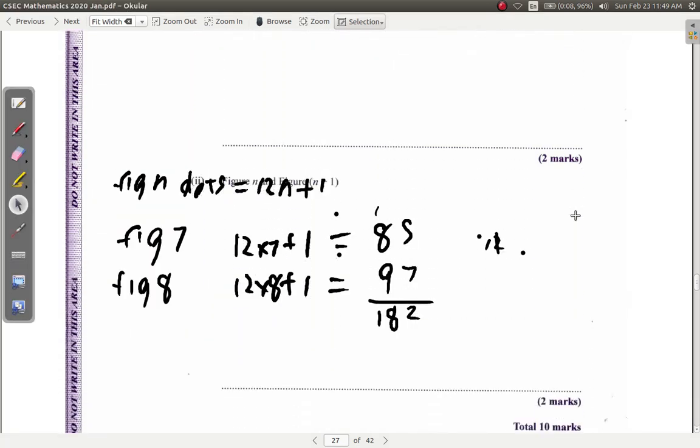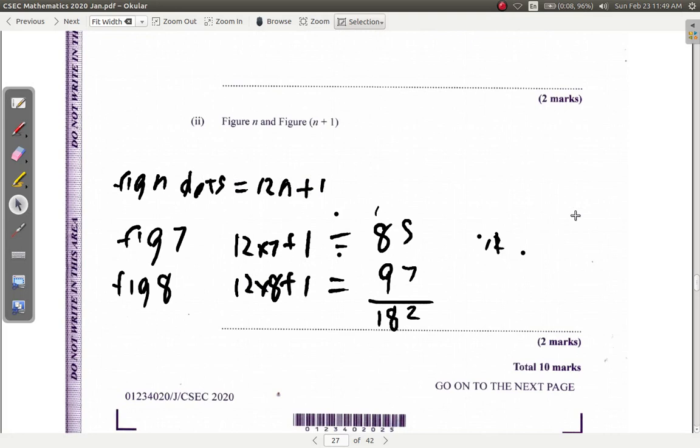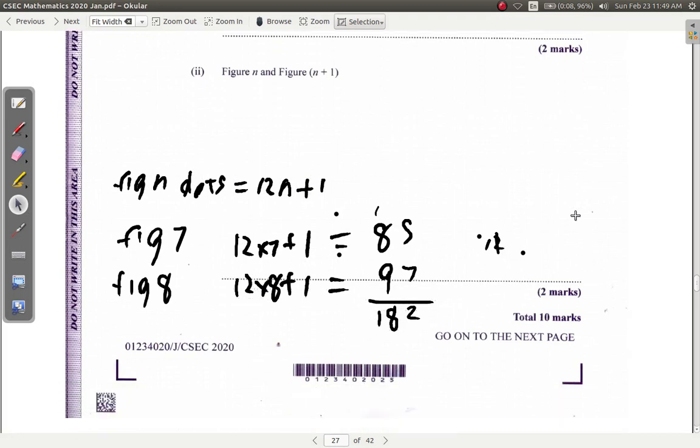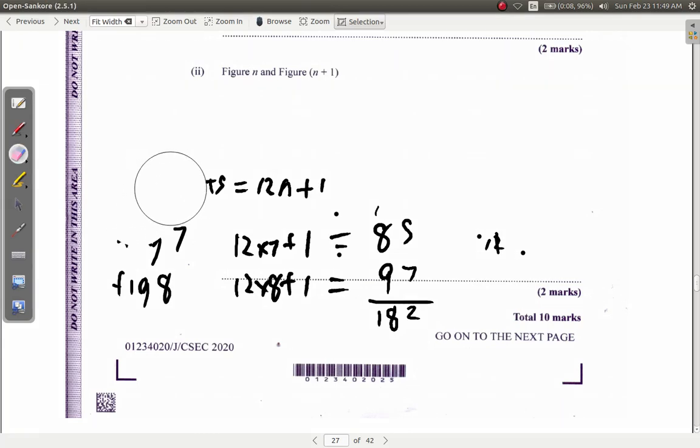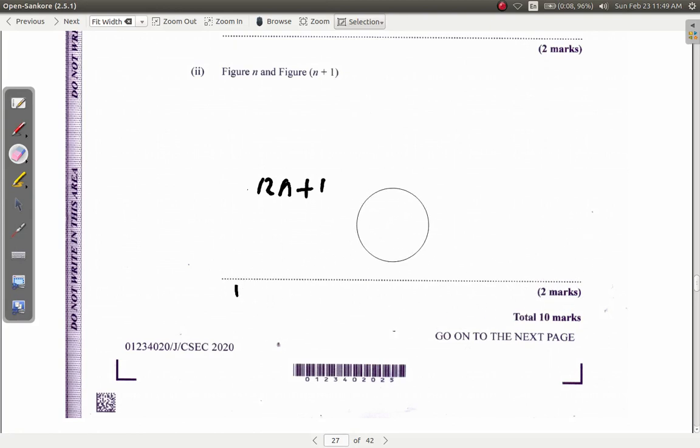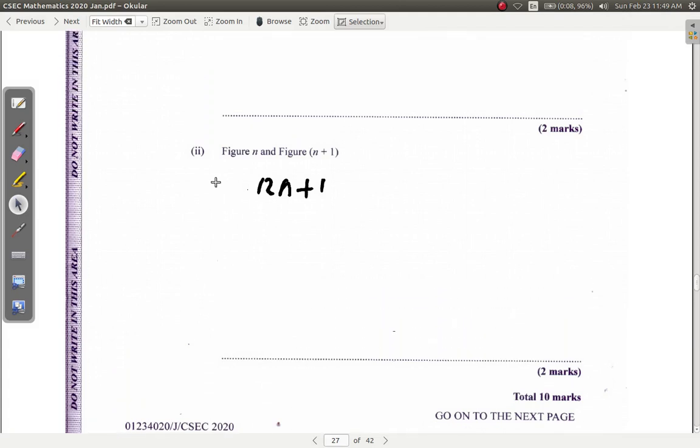And then figure n and figure n plus 1. Okay, let's erase these to make some space. So we know that the number of dots in figure n is 12n plus 1. So what we have is that figure n dots is 12n plus 1, this.